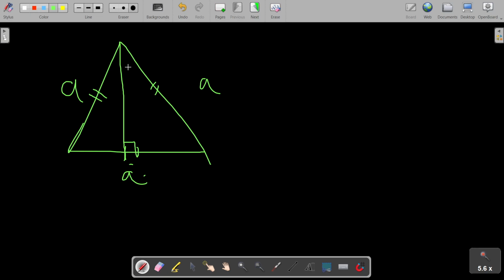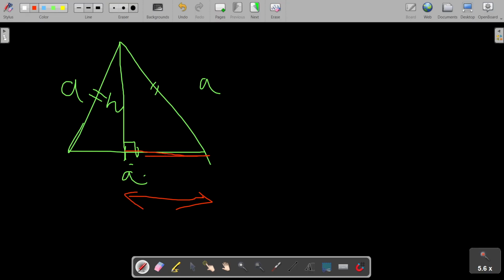Okay, so let's draw a line. Let's say this is the height, and if you look closely, you can see that this is a right angle triangle. Here we have 90 degrees. So we can use the Pythagoras theorem here.